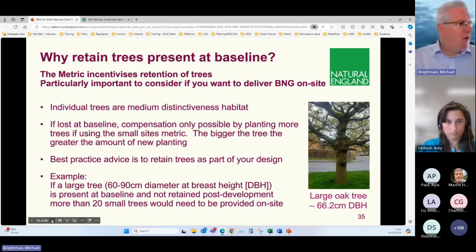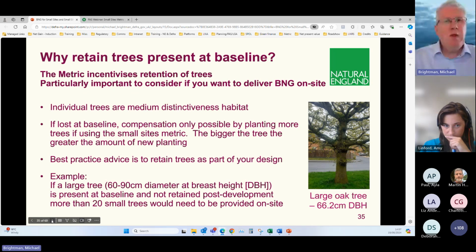So let's look in more detail as to why developers should retain trees that are present at baseline. Firstly, the metric incentivises that retention, and therefore it's particularly important to consider retaining trees if they want to deliver all their BNG on site.